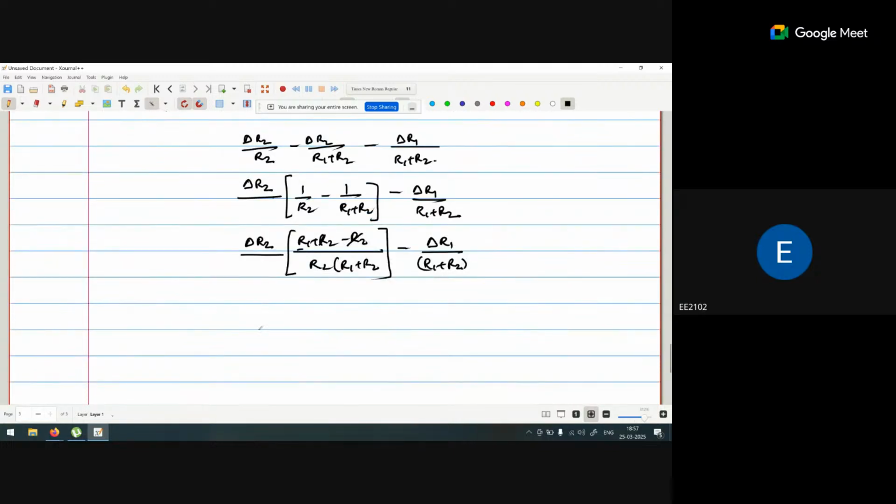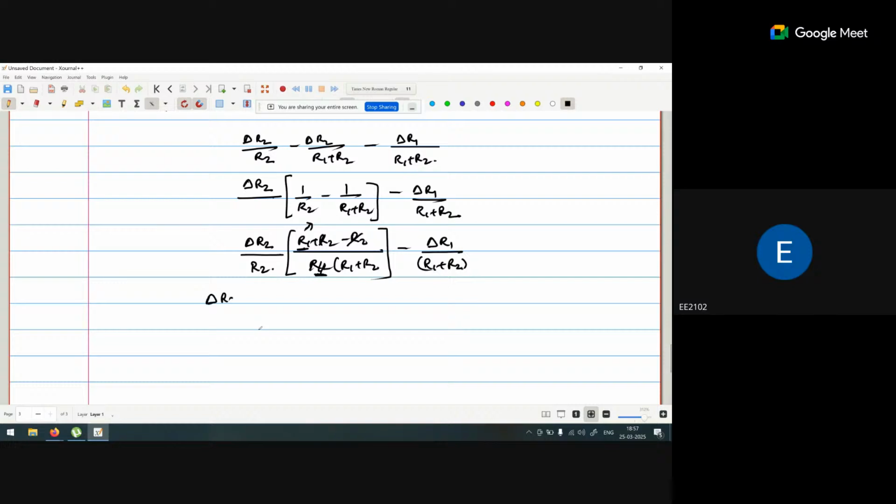Now the remaining here is R2 outside. Now what is the remaining term here? It is R1.